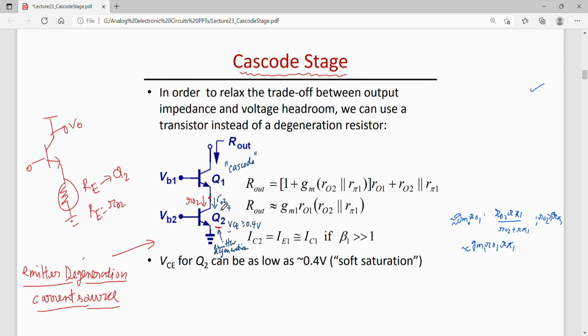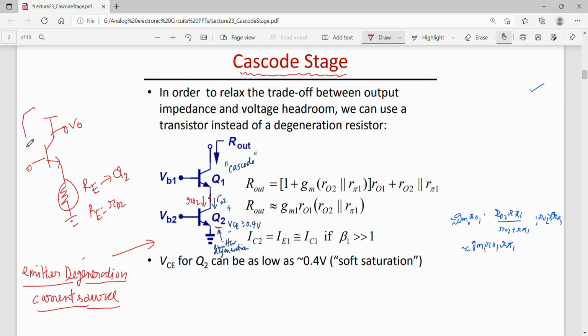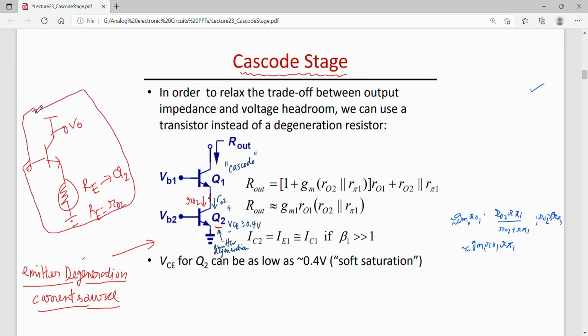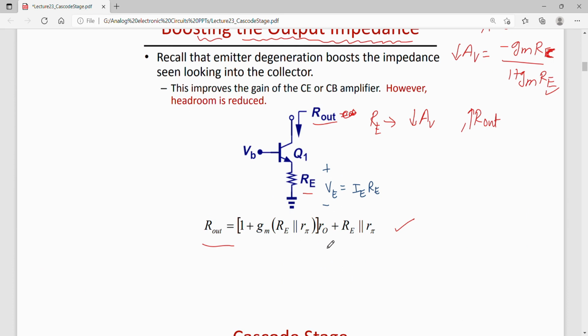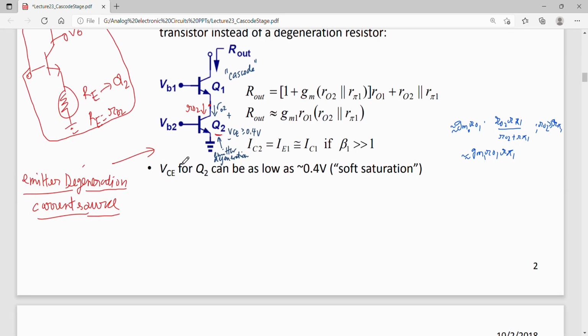Now for this circuit, one can find the output impedance. The output impedance of the earlier circuit is already known to us; we have already written it over here. Now for this circuit where we have Q2, RE is replaced by RO2.